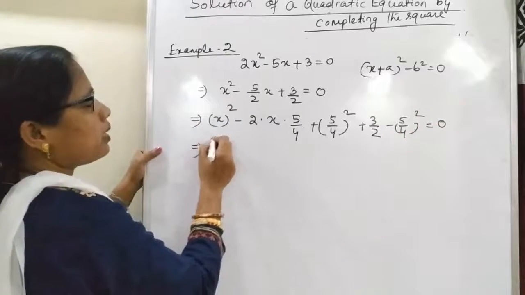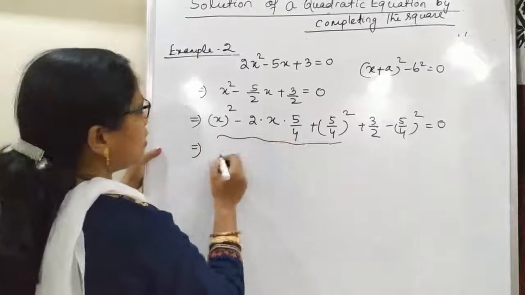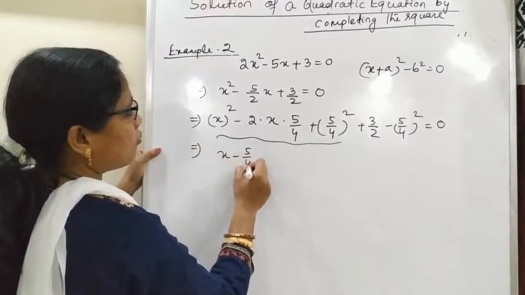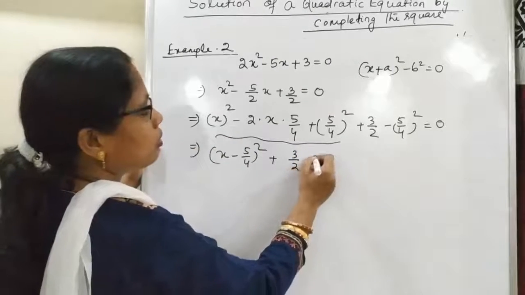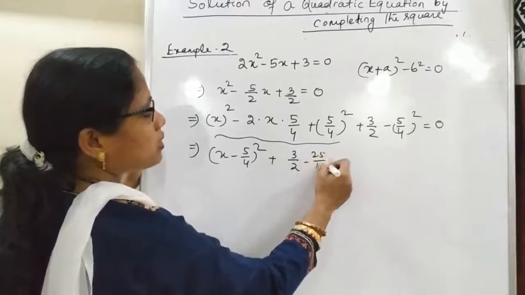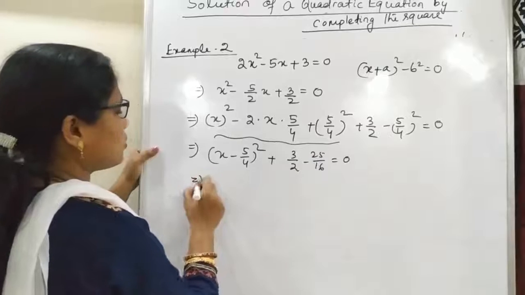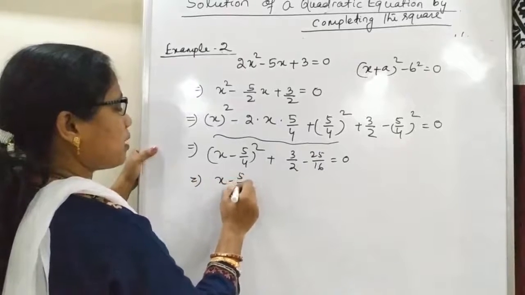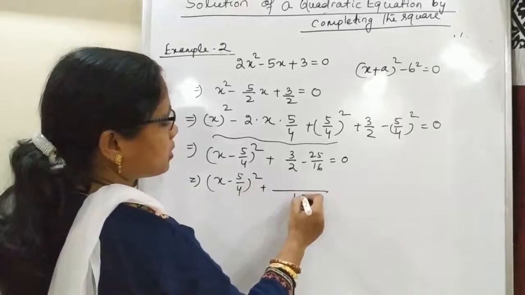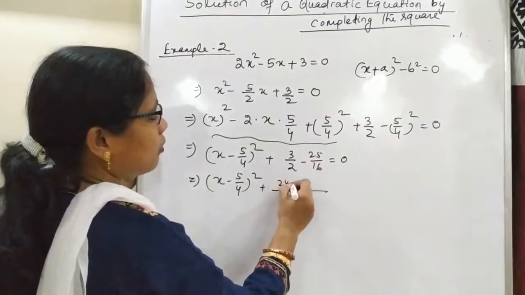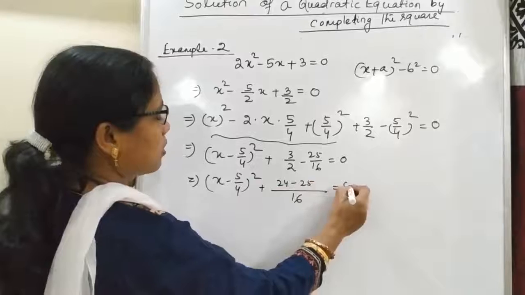So this becomes x minus 5 by 4 whole square plus 3 by 2 minus 25 by 16 is equal to 0. So this implies x minus 5 by 4 whole square plus, here this is 16, 24 minus 25 is equal to 0.